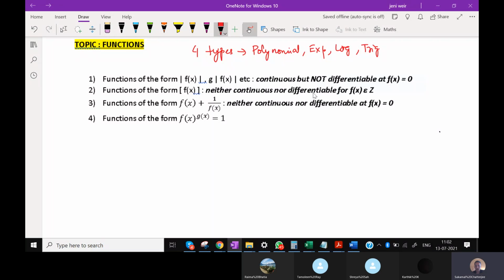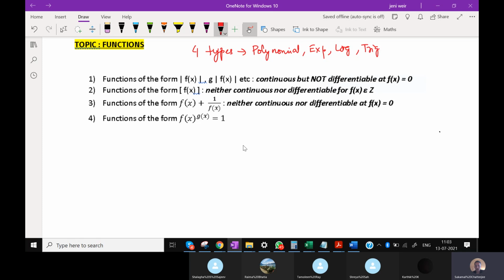So these are the four types of functions, and out of these, there are different forms of these four types of functions. And out of these are the four types based on which questions are asked.